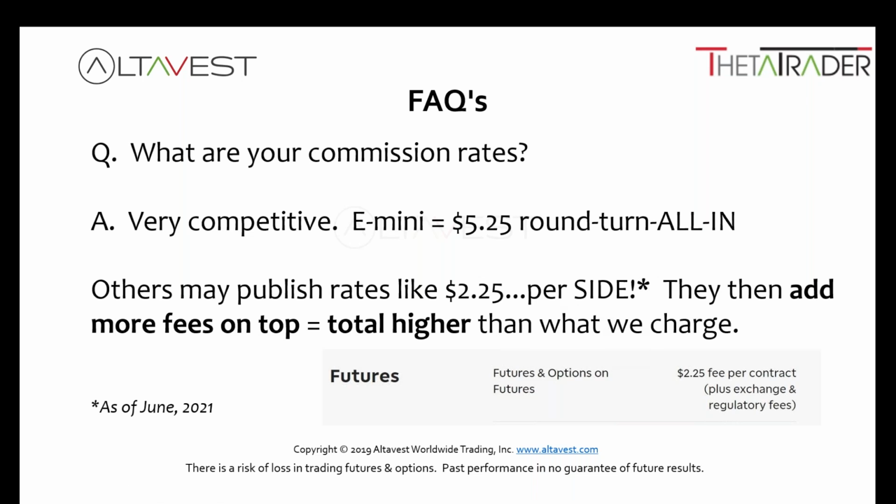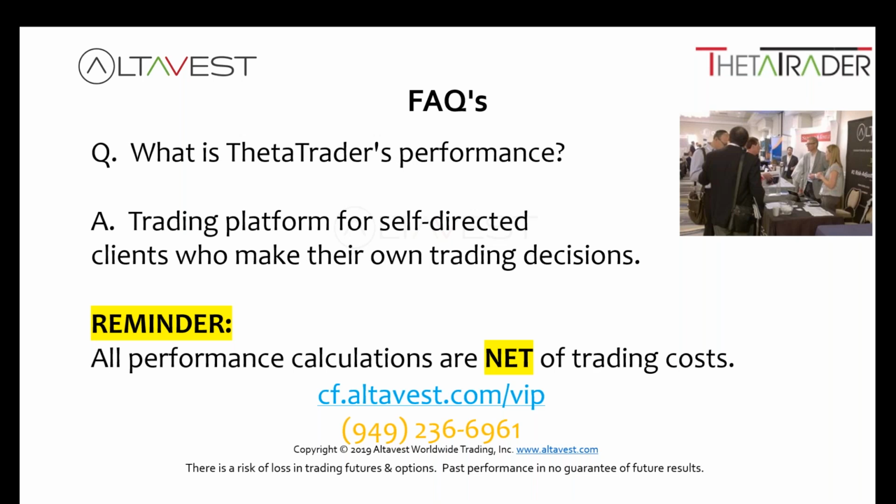The end result is it's higher than what we charge. So our rates are very competitive. Let's put it that way. And with AV systems, the rates are all different, but they're all listed in every system, anywhere from $7.50, I think, to $15. And everything, of course, is net of all costs. So I want to follow that yellow highlight there, reminding everyone everything is net.